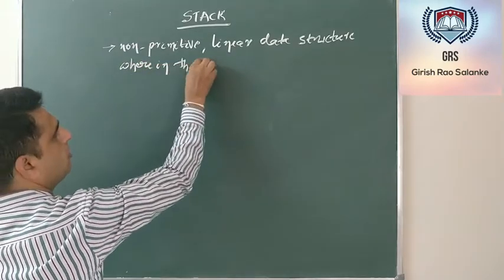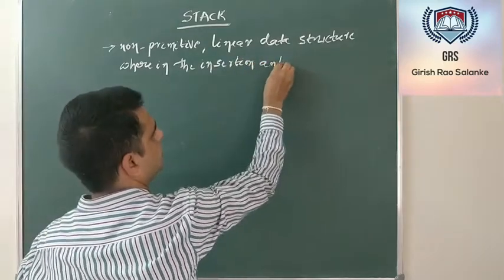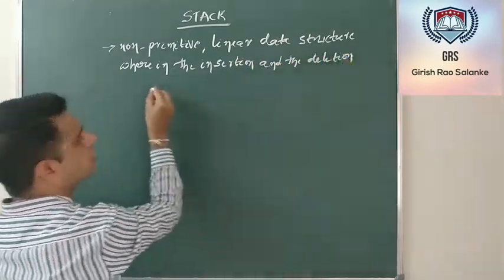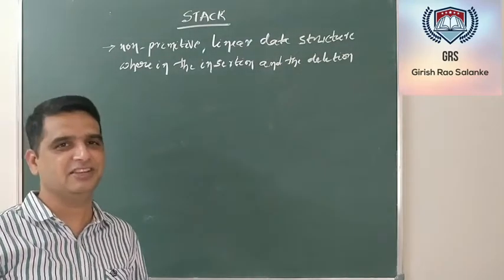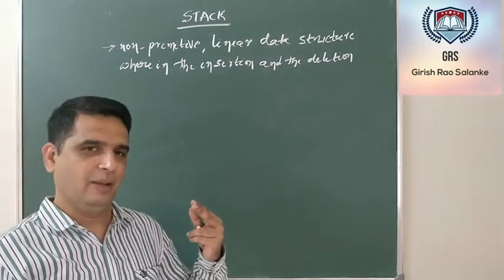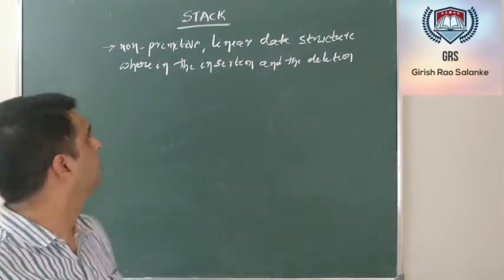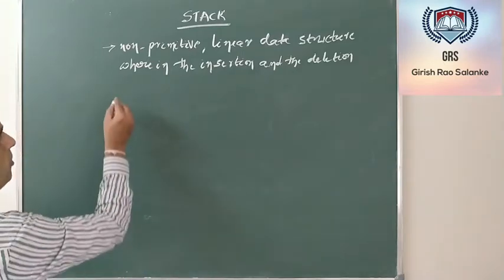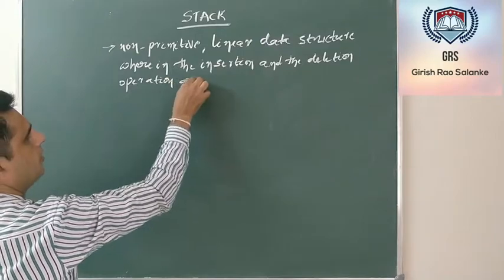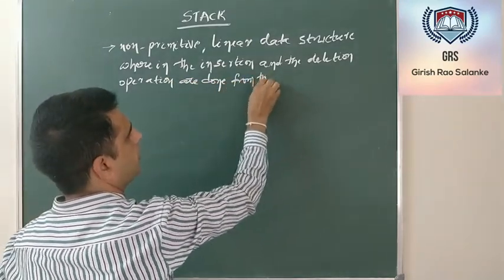the insertion and the deletion operation, the most common operations that we perform on any data structure, are insertion and deletion. So we are defining this stack data structure with respect to its insertion and deletion operation, wherein the insertion and the deletion operation are done from the same end.